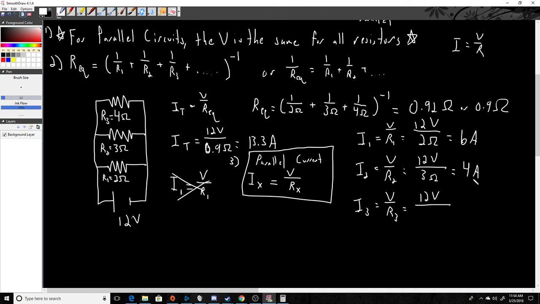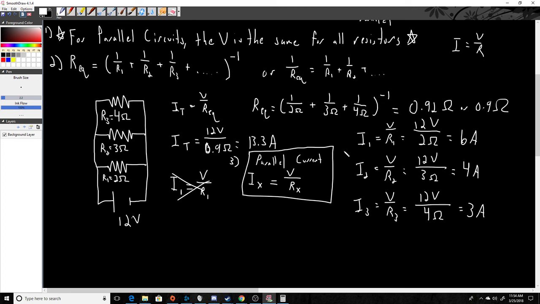Okay, we're doing good so far. So there's slightly less current going through that one. And for the current through that third one, I've got 12 volts again, but this one's going through 4 ohms. And this should get me 3 amps there.